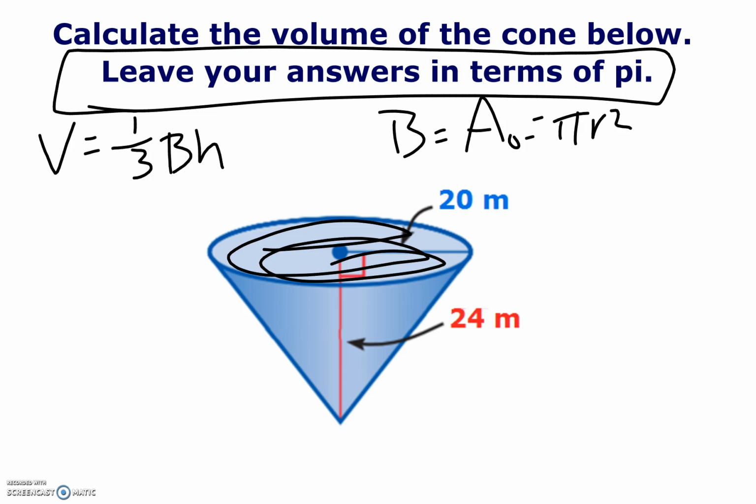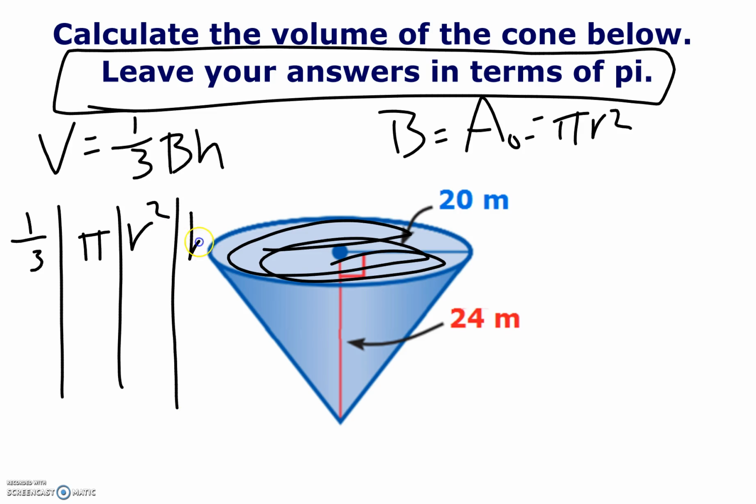My distance across my base is given as a radius, so I do not have to do anything about my radius. So we can go ahead and set up our table. 1/3 pi r squared times height. So 1/3 pi, your radius is 20 times 20, and your height is 24.